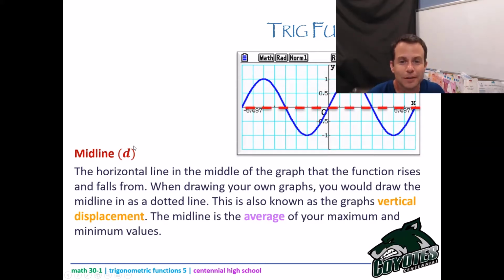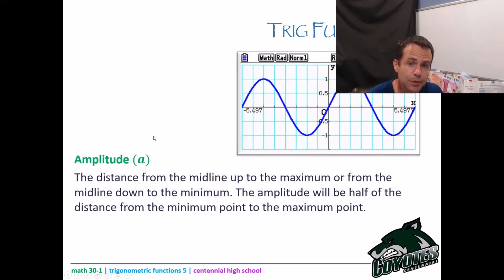Okay, cool. Your amplitude, that's the distance from the midline up to the maximum, or it's the distance from the midline down to the minimum, okay? So the amplitude will be half of the distance from the minimum to the maximum, okay? So essentially it would be half the full height of the graph. That would be your amplitude, okay?